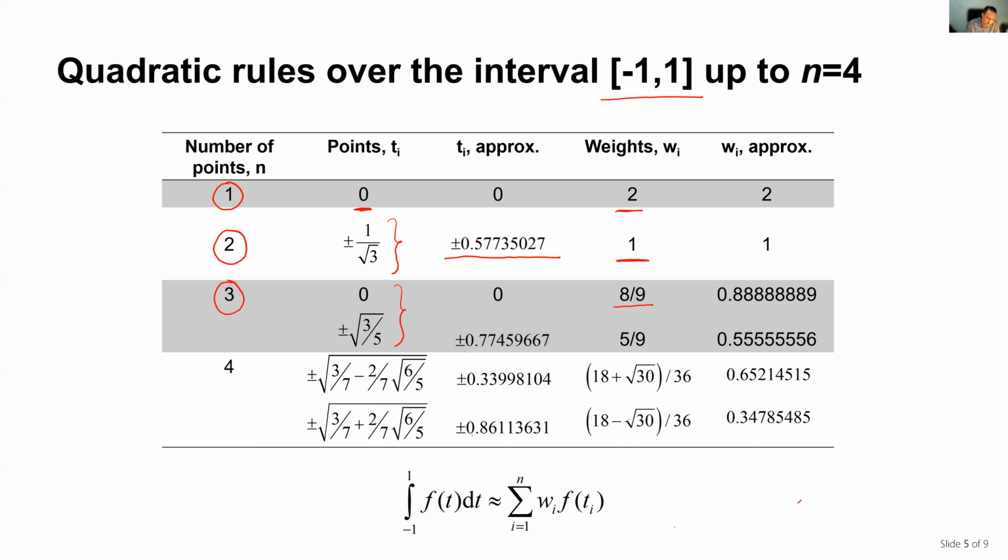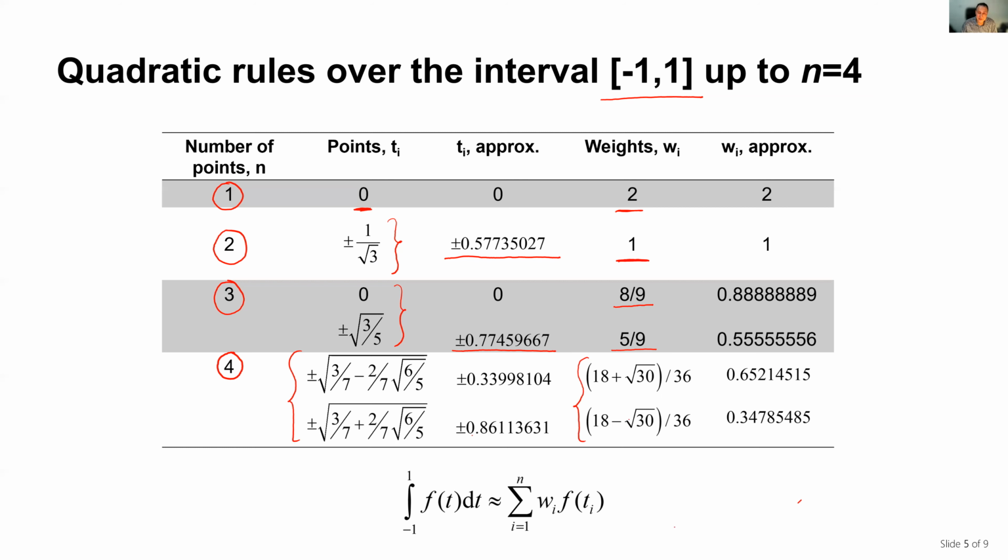And this is the approximate value of these points. And then for these 2 points, our weight now becomes 5/9. So this was the 3-point case. And if we use 4 points here, then again, we have our points here, and we have our weights here.